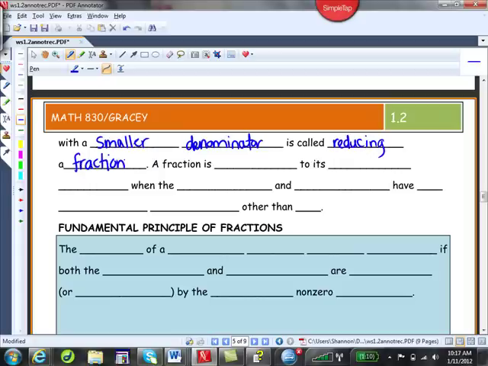A fraction is reduced to its lowest terms when the numerator and denominator have no common factors other than 1.